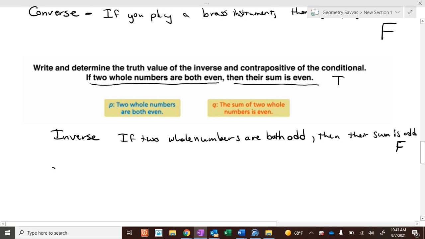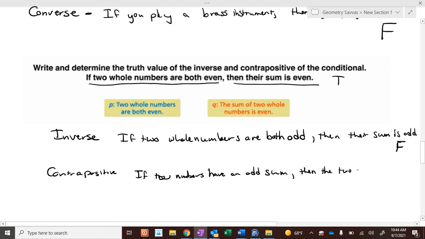Okay, let's look at the contrapositive. If two numbers have an odd sum, then the two numbers are odd.